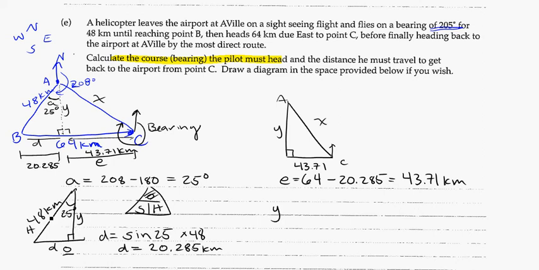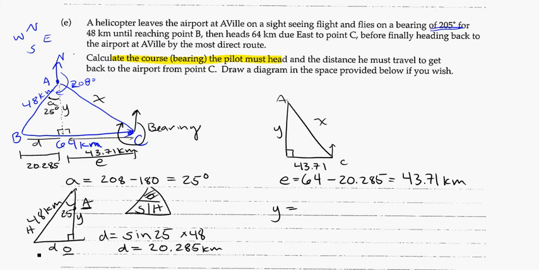Y, what do we have? We've got angles and sides. This is going to be an adjacent. So we can use cosine if we want, or tangent, or even Pythagoras, because we know two sides of the triangle already. So what should we do? Let's use Pythagoras.